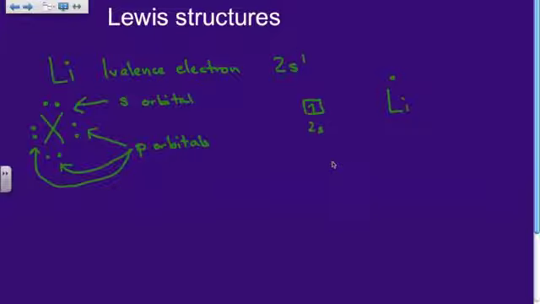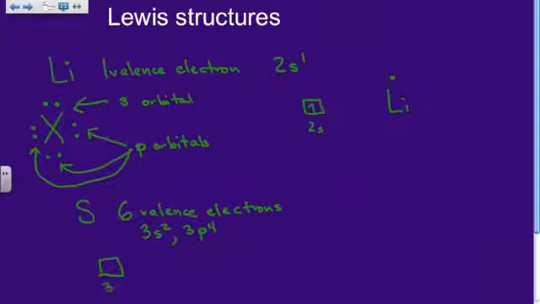Now, if we were to represent sulfur, sulfur has 6 valence electrons. It had 3s2 and 3p4. If we were to go back to our orbital diagrams, two electrons would be paired together.